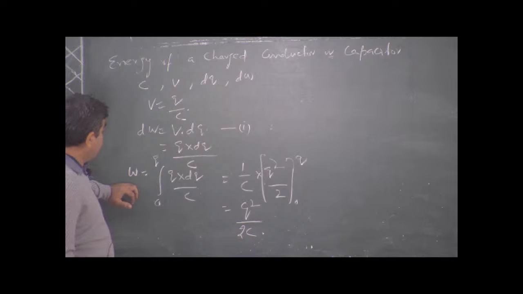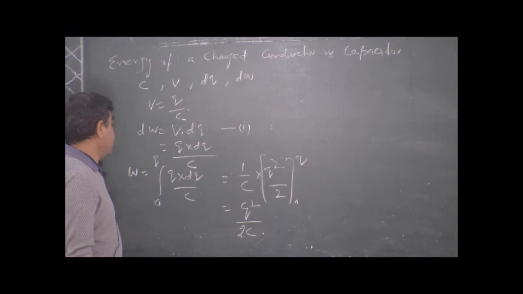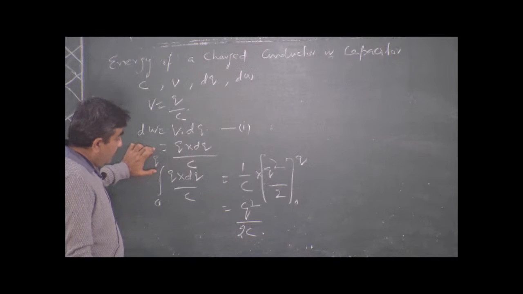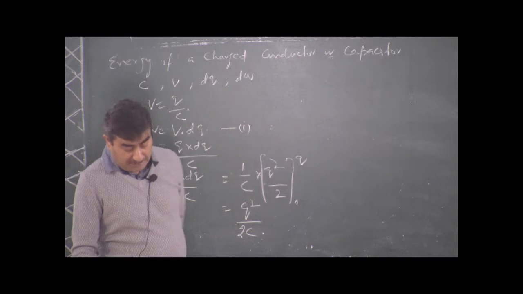So this will be the work done in charging a conductor or capacitor from its zero charge state to the maximum charge state Q, and it is equal to Q square by 2C.